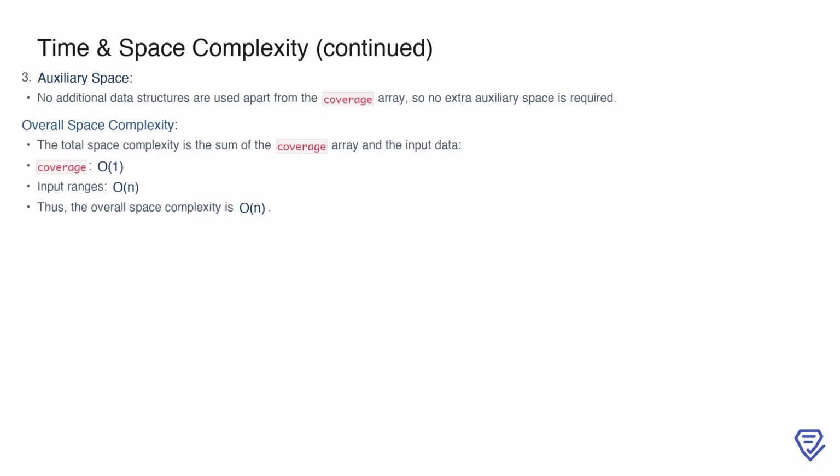This means there is no extra space overhead beyond what we've already accounted for. Combining all components, the overall space complexity is the sum of the coverage array, which is O(1), and the input data, which is O(n). Therefore, the total space complexity of the solution is O(n). This efficiency in both time and space usage makes the solution well suited for the constraints of the problem.